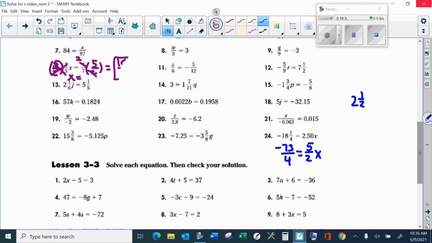Now I need to multiply by the reciprocal, 2/5. And there's a cross cancel in there, 1 and 2. And so I get negative 73 tenths, or as a decimal, negative 7.3. So there you go with that one.